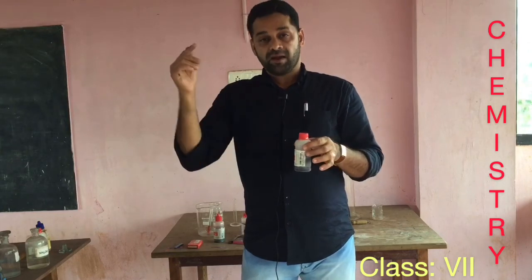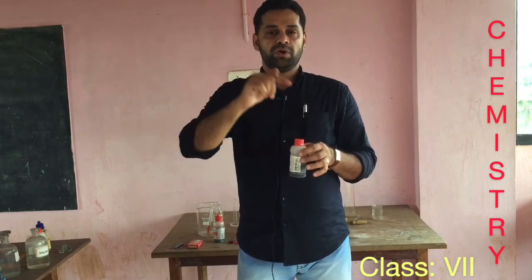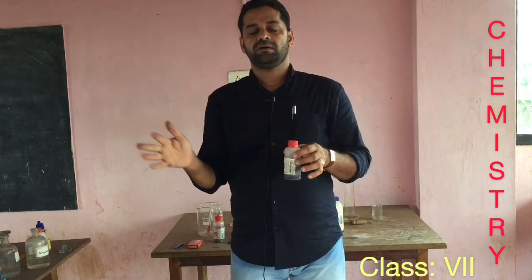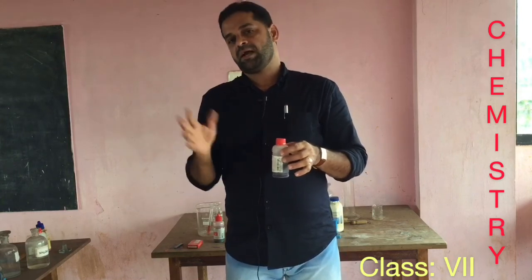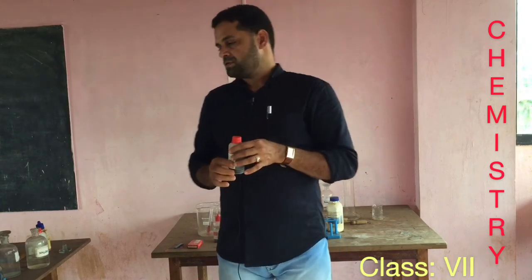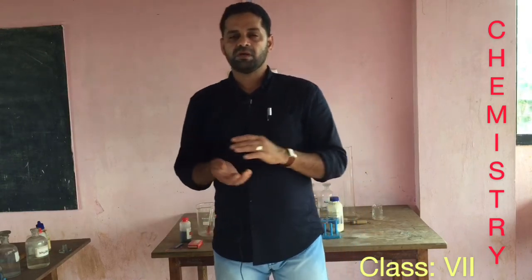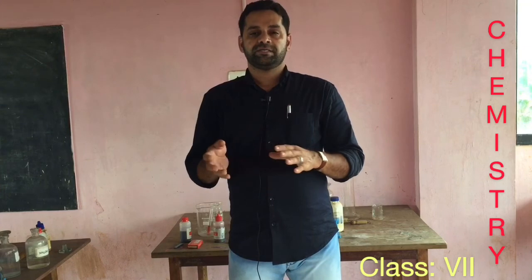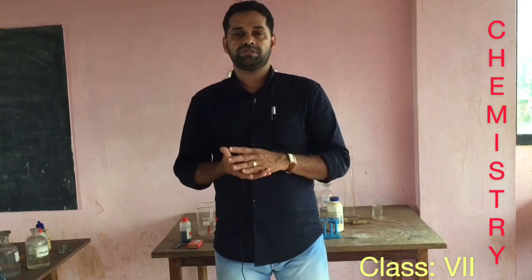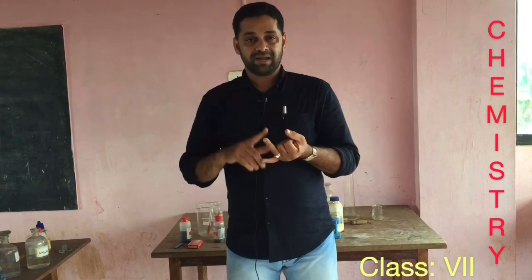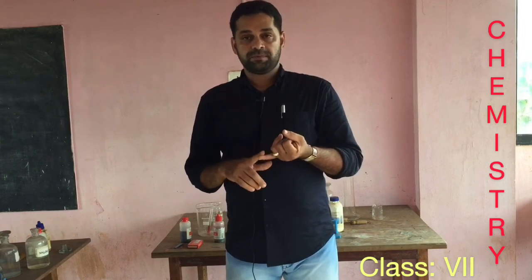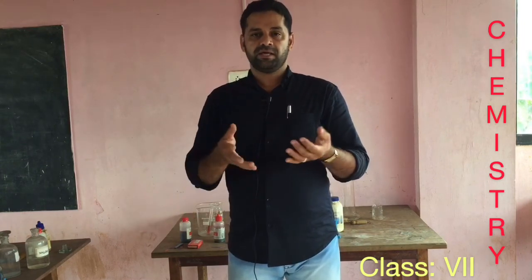But when we add red litmus solution to a base, what happens? There is a color change. Understood? So, these are the changes that take place in litmus solutions, blue litmus solution, red litmus solution, and blue litmus papers, red litmus papers, and their color changes.